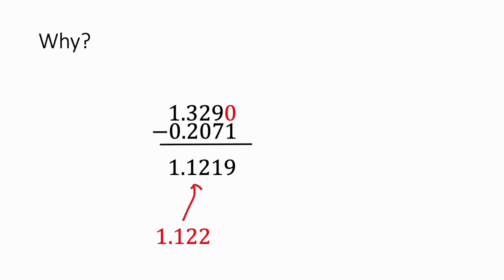Now, why is this true? Well, remember, we had to put that 0 in there that wasn't there before. And when you're dealing with pure numbers that have no basis in reality, which is usually true in math problems in elementary school, that's perfectly fine. 1.329 does equal 1.3290.